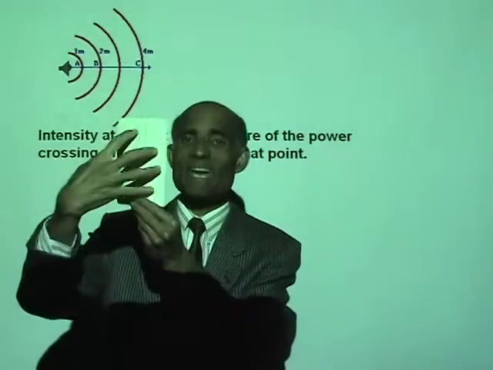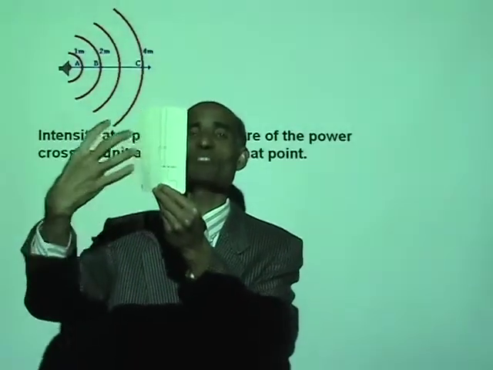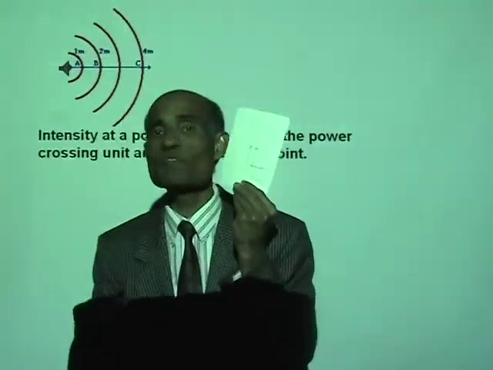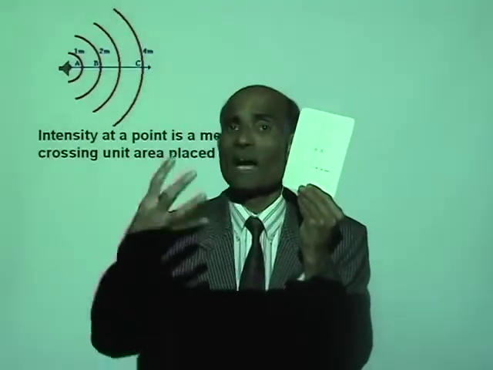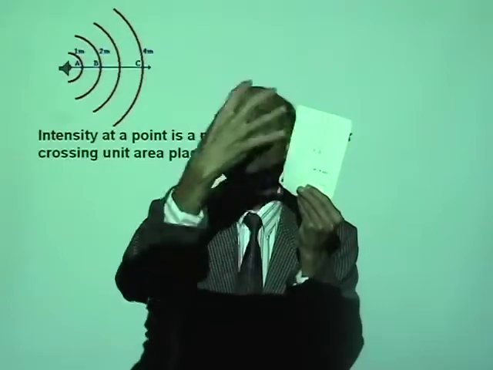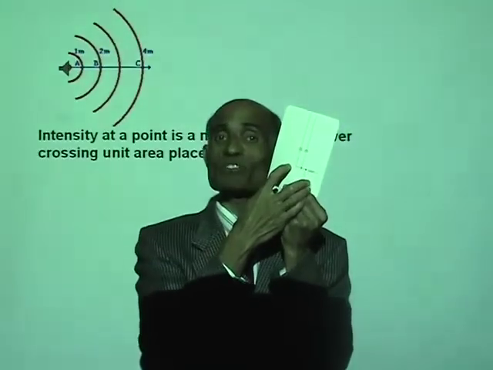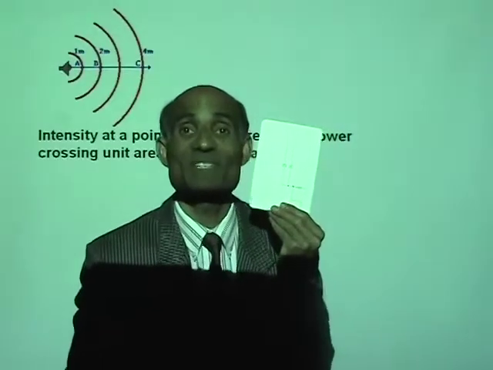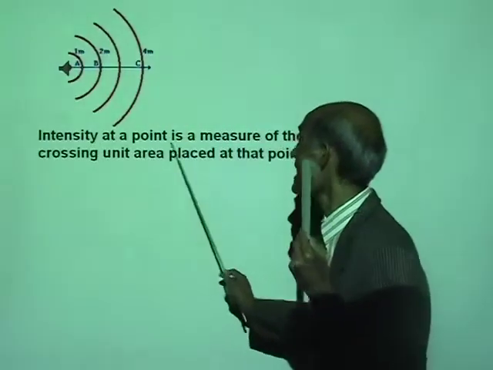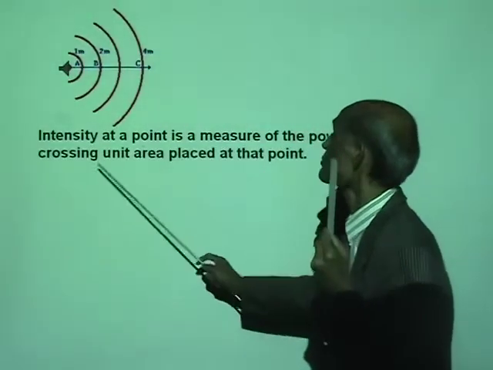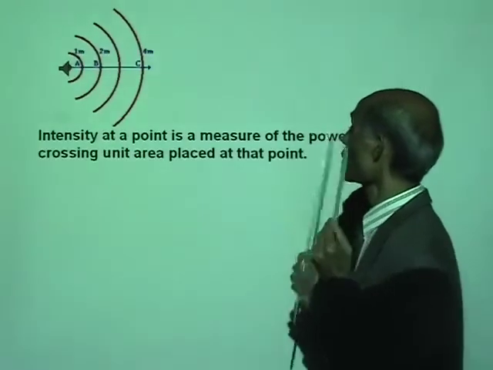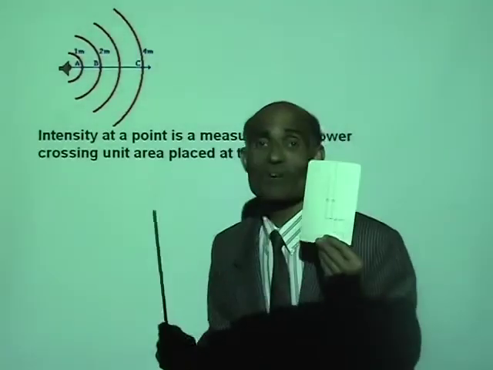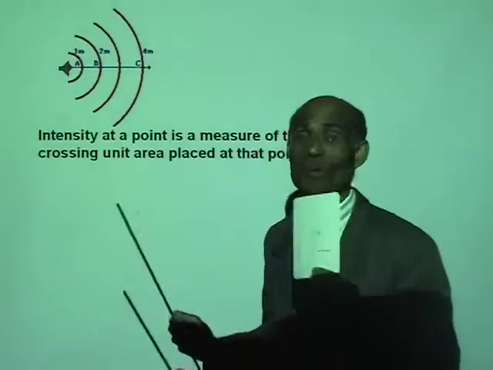How much is the energy crossing that unit area? If I place that unit area here and measure the amount of energy crossing that unit area, that will be a measure of the intensity. So intensity at a point is a measure of the power crossing unit area placed at that point.